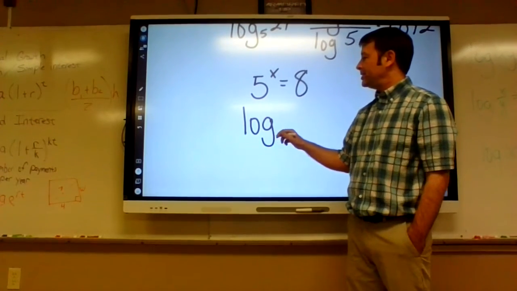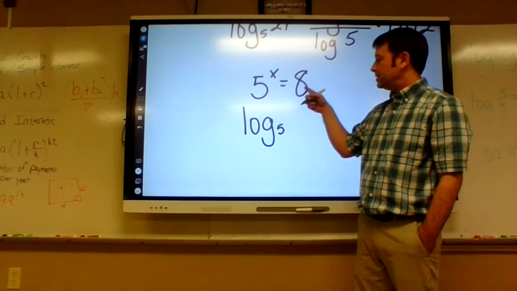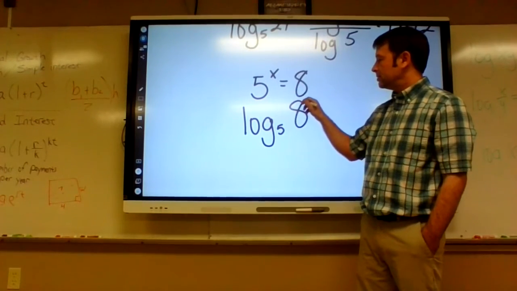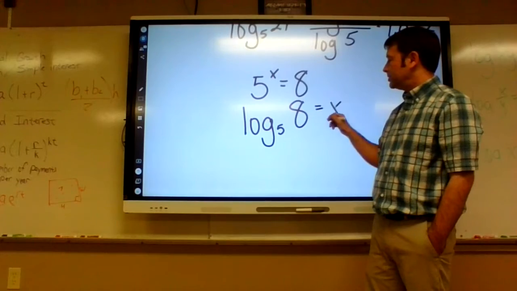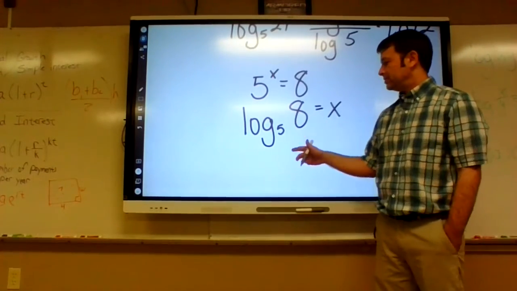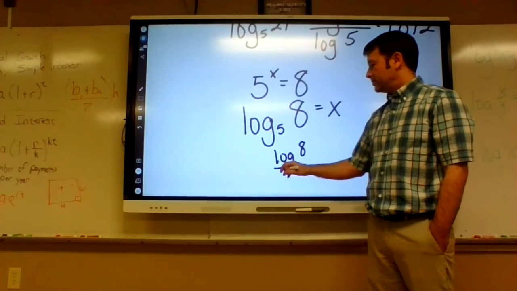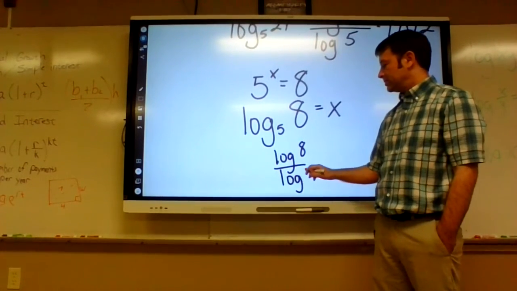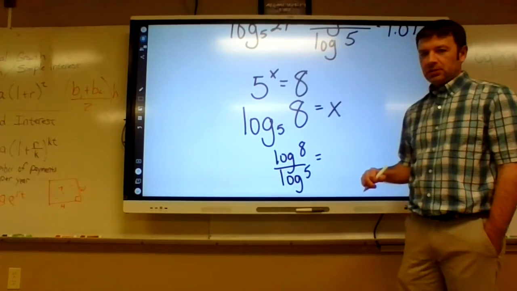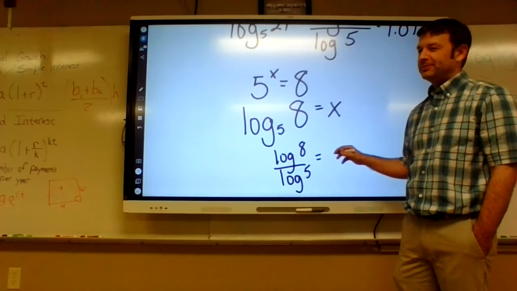It's A, C, B: log base 5, that's your A. This is log 8 over log 5. And then you can do log of 8 divided by log of 5. It says round to the hundredths place. 1.292. 1.329.